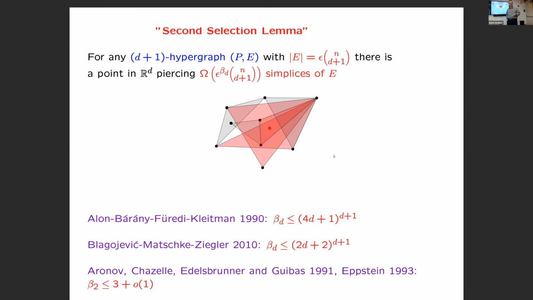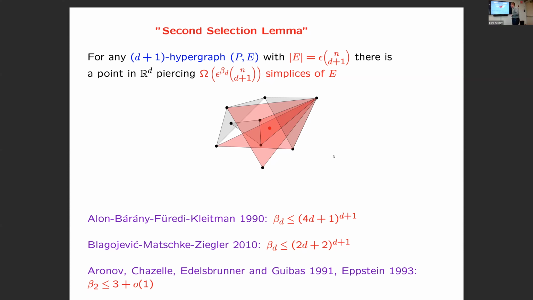But what they did, they proved a better colored Tverberg result, which lies at the root of the Alon, Bárány, Füredi and Kleitman bound. So in fact, they did not change the paradigm, and of course, in the plane, you always have something way better, which is obtained in an ad hoc manner.